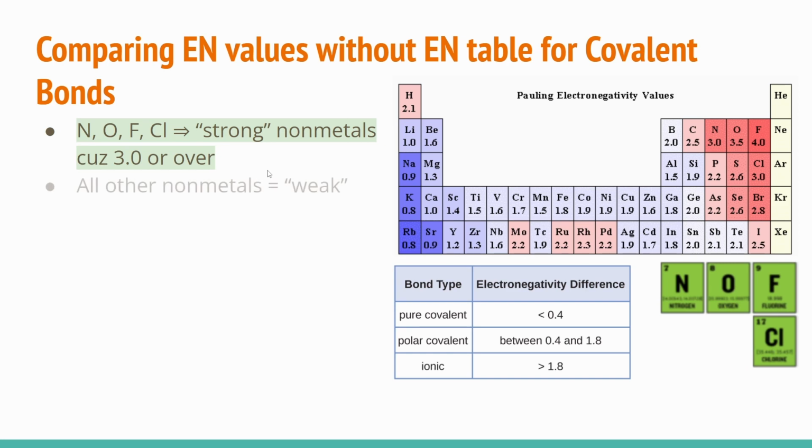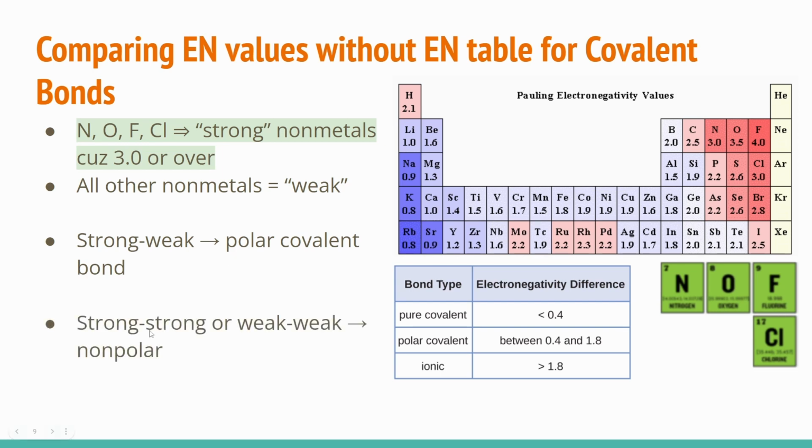Okay. And then any other nonmetal we're going to consider weak. So if they're not part of this NOFCl group here, we're going to call them the weak nonmetals, okay? So that includes hydrogen and any of these guys here. And so if I have a strong boy nonmetal with a weak boy nonmetal, we're going to have a polar covalent bond.